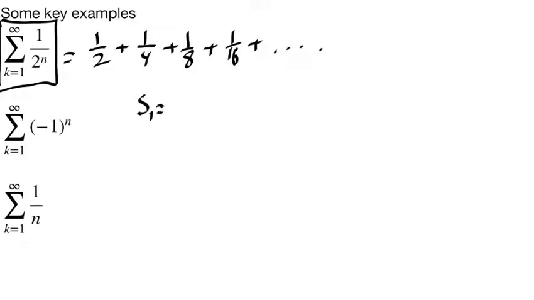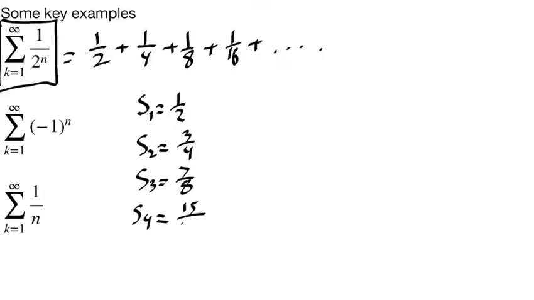The first partial sum is just 1/2. Our second partial sum is 1/2 plus 1/4, and it looks like we get 3/4. Our third partial sum is 1/2 plus 1/4 plus 1/8, and this ends up being 7/8. Our fourth partial sum is 15/16, on and on.